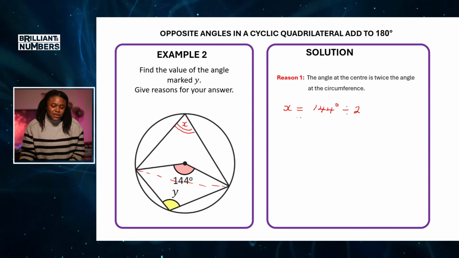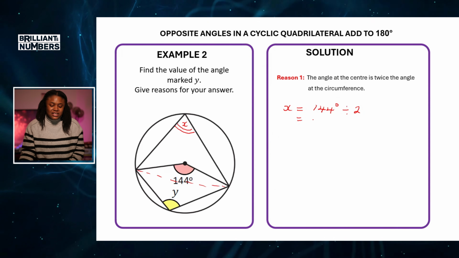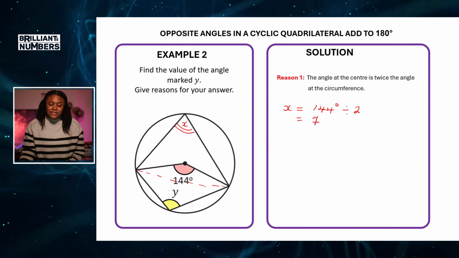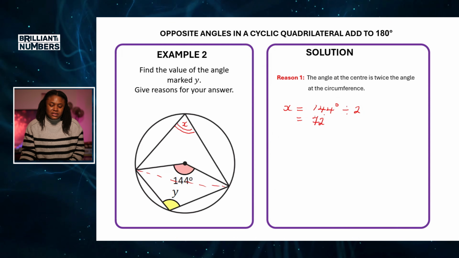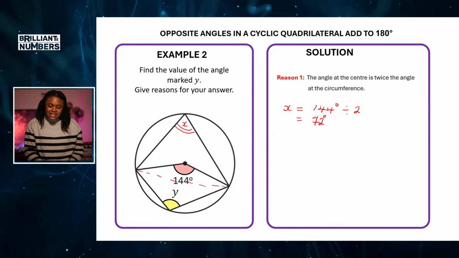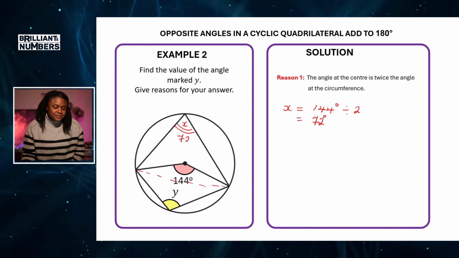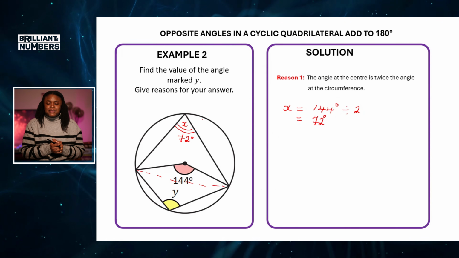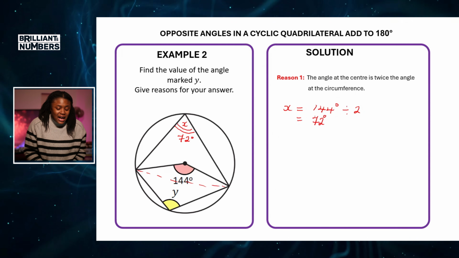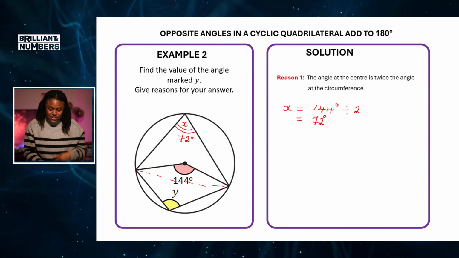So 144 divided by 2 gets me 72 degrees. I then put that on my diagram so that I can close my gaps here. So I have enough information now to find the angle I was asked to find.